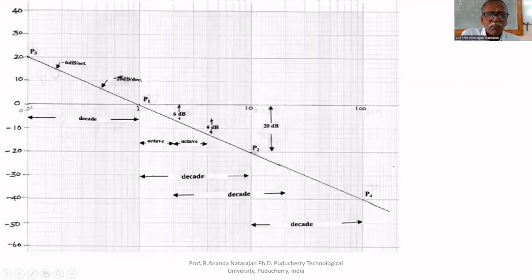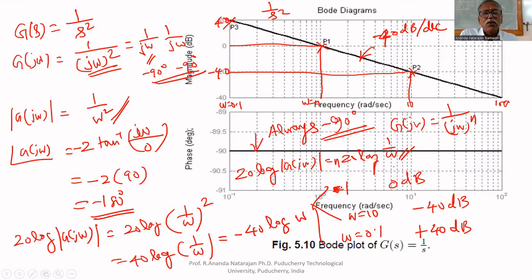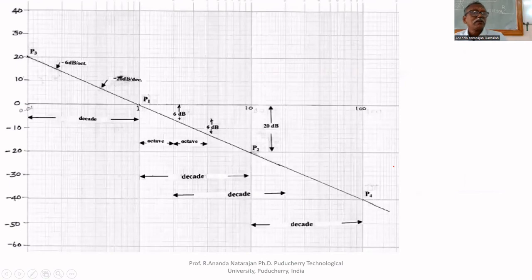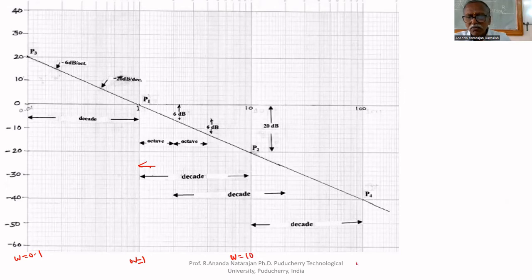This is the plot for 1 by s, to know about the plot. Already I told you the distance: this is omega equal to 1, this is omega equal to 0.1, this is omega equal to 10, here omega equal to 100.